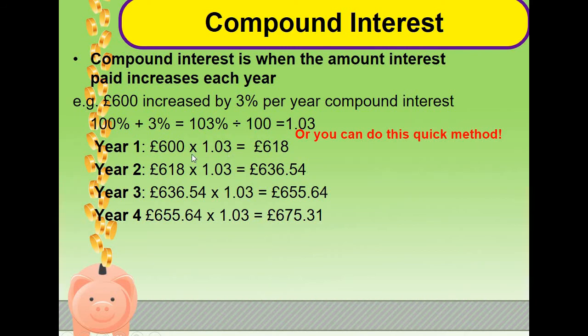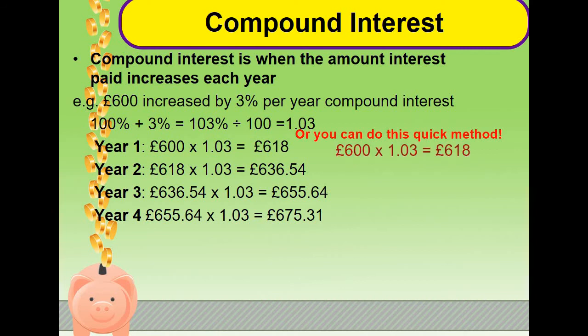Because what we're essentially doing here is we're multiplying by 1.03 repeatedly. Like 1.03 times 1.03 times 1.03 for 3 years. So we can use powers to do that in a quicker way, because 1.03 times 1.03 is 1.03 squared. 1.03 times 1.03 times 1.03 is 1.03 cubed, and so on.